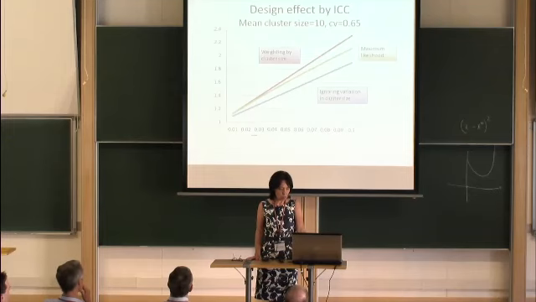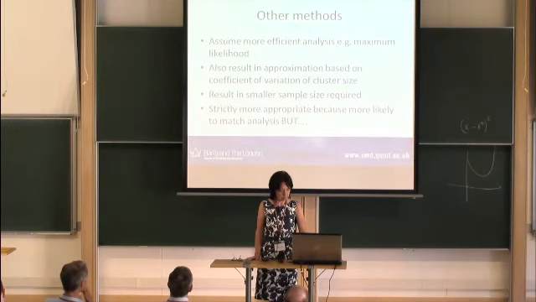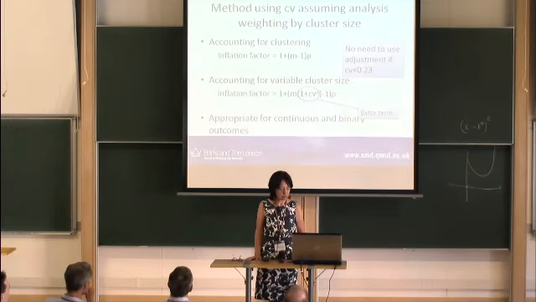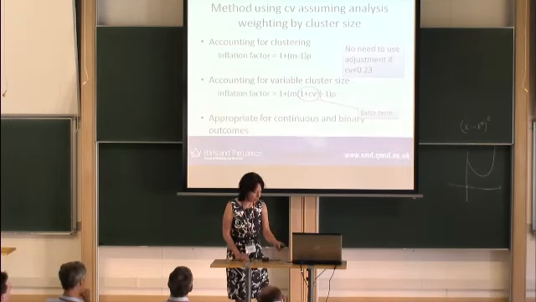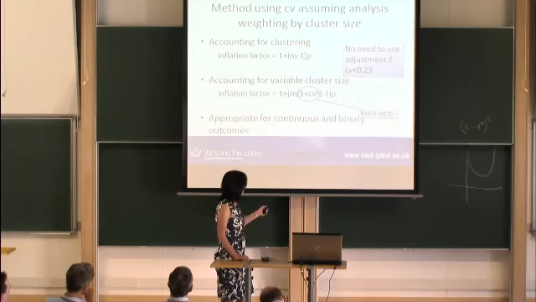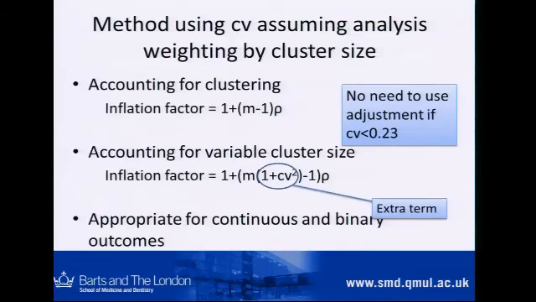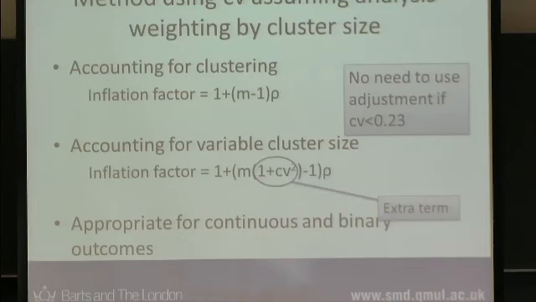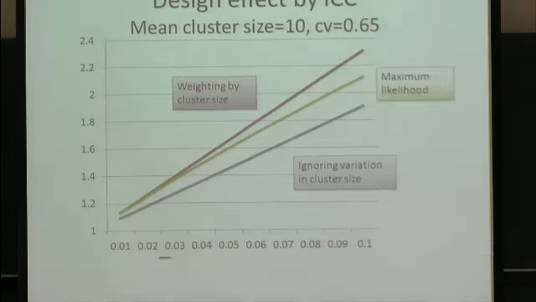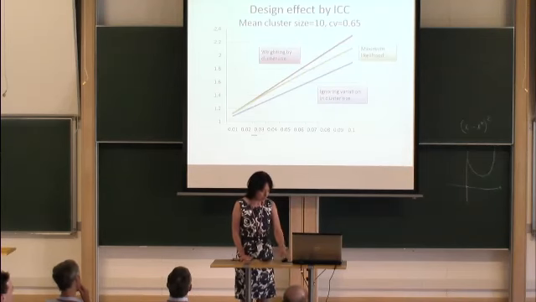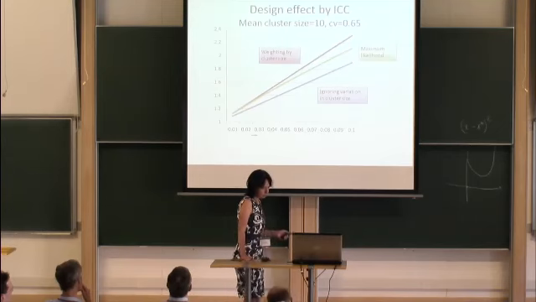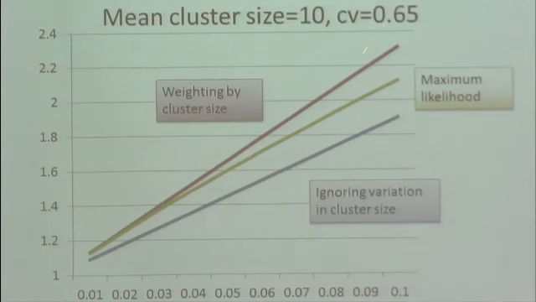I could have showed you a lot more, looking at what difference it makes whether you use a formula which includes this extra term, or whether you use a formula which is slightly more complicated but is also based on the coefficient of variation of cluster size. And so the red line at the top gives you the design effect if you're weighting by cluster size.